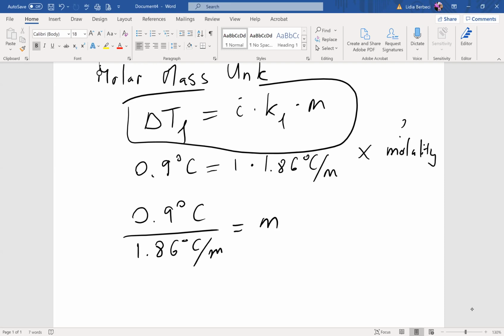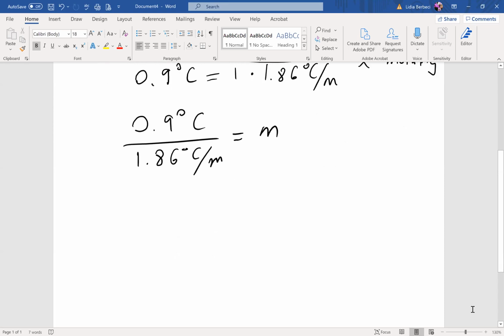Finding the molality will help us find the moles of the unknown solute that we added to the solution. So you do the math, and m comes to be 0.484 moles of solute over kilograms of water, because that's what molality means.